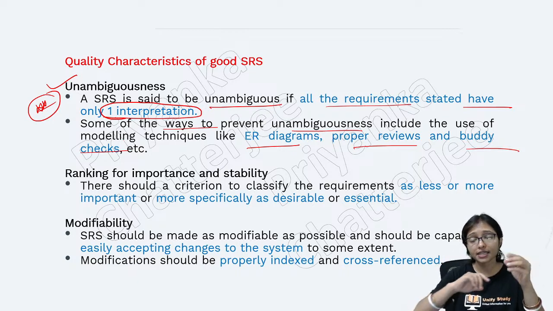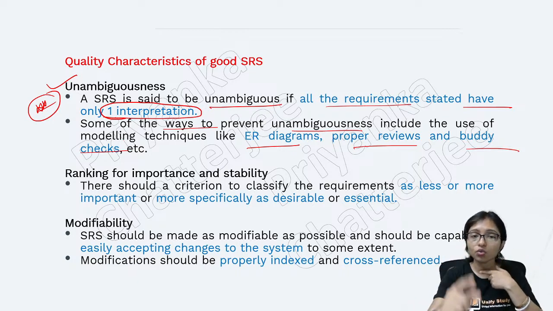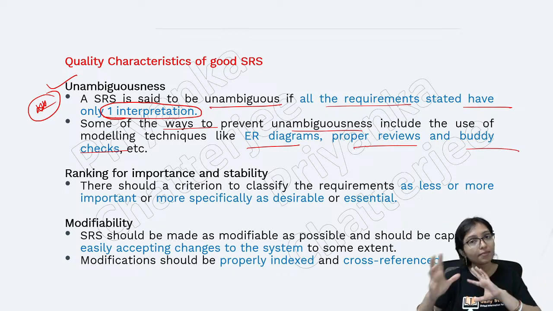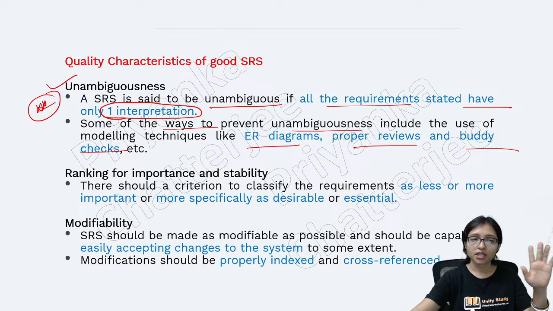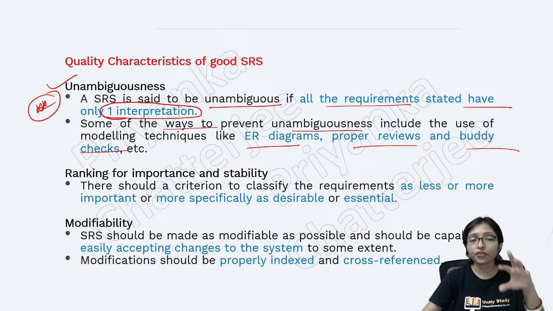Body checks means I am asking you, you are asking me, and the same interpretation is coming. If it is the same, then it's fine. These are the models we are using to avoid ambiguity. Very important.